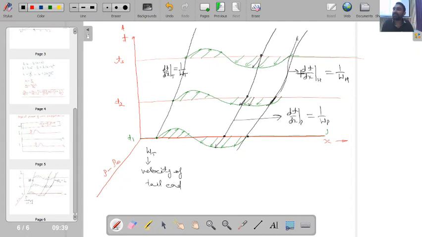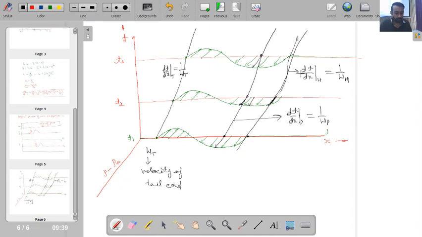Now, to understand all these concepts and to quantify this, we have to understand the wave motion as a function of x and t. To understand wave motion, we have to first derive governing equations for waves, and then start analyzing these equations.